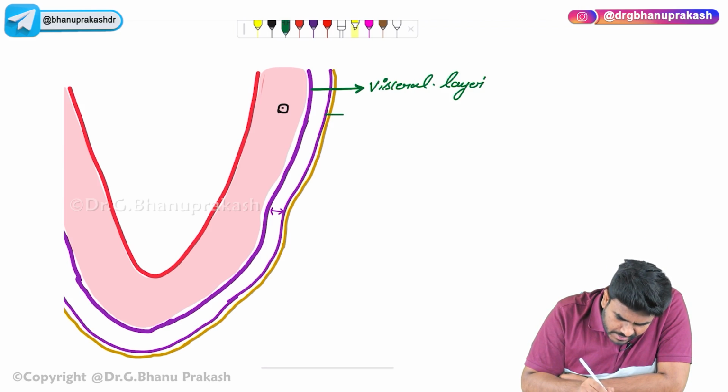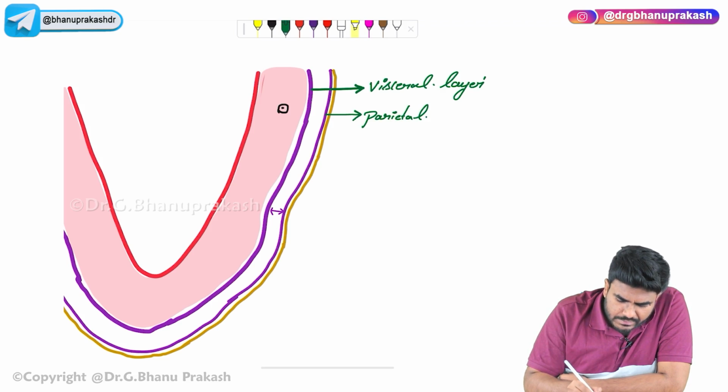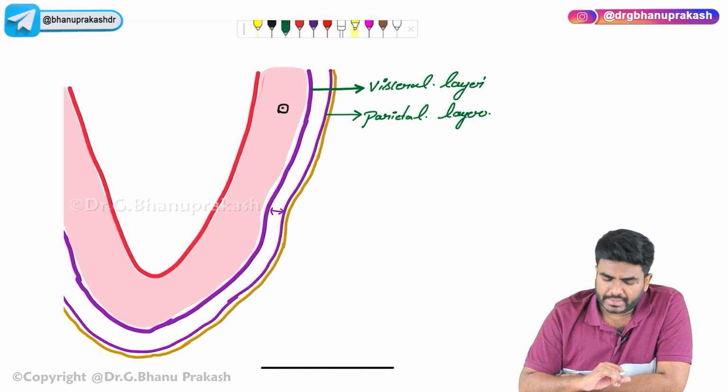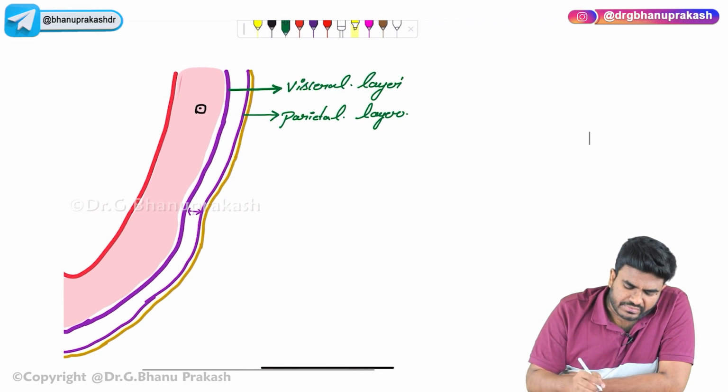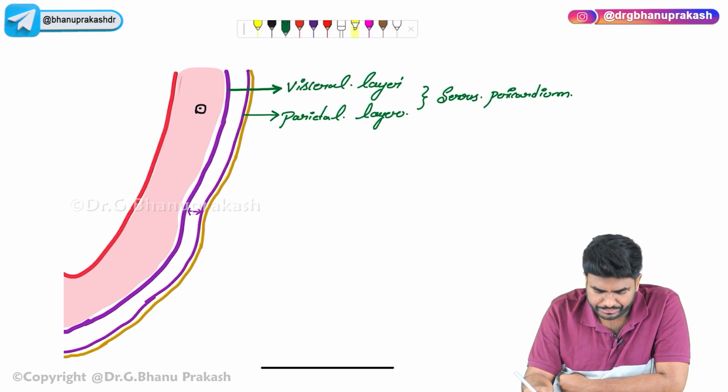And this layer which I am pointing, which is more towards the outside, is called the parietal layer. There is a visceral layer and a parietal layer. Both of them together form the serous pericardium.